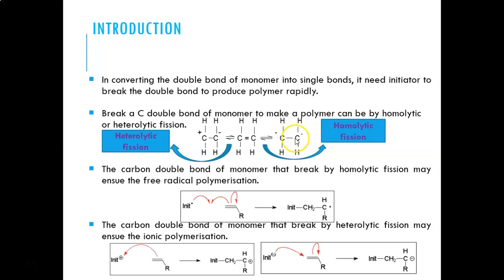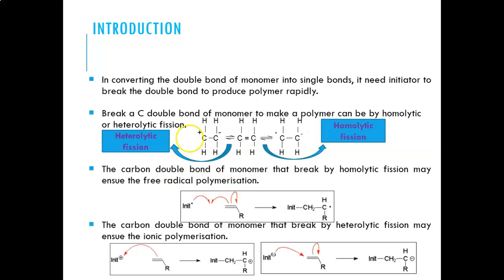Free radicals are formed, initiated by heat, light, or initiators like peroxide and so on. Homolytic fission is faster compared to the heterolytic. For the definition, homolysis or homolytic fission is the chemical bond dissociation of a molecule by a process where each of the fragments retains one of the originally bonded electrons.